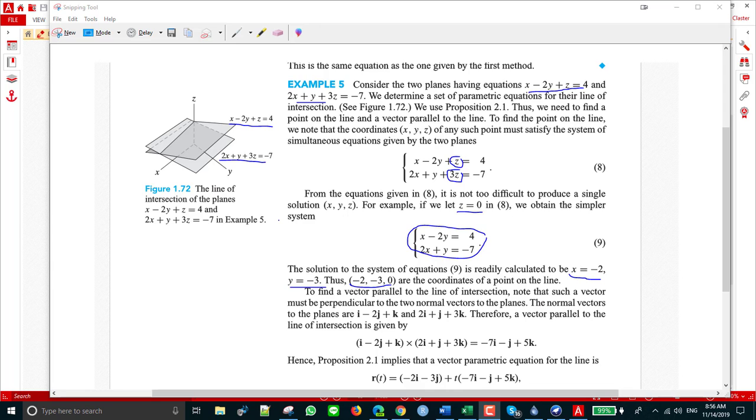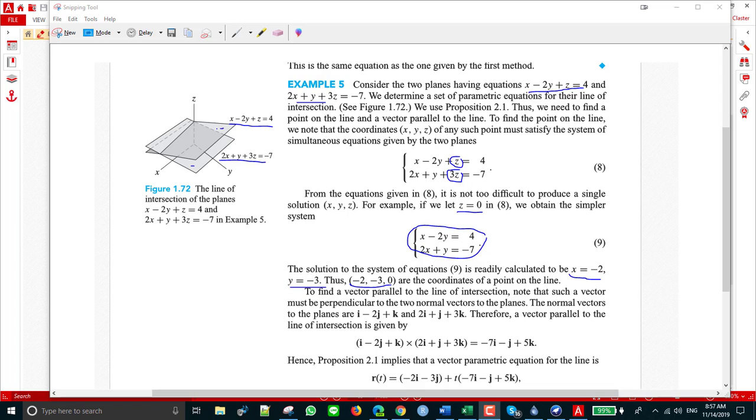Then if we're going to use the vector parametric equation for the line, we also need an A. We need a vector which is parallel to the line. But this line is in both planes. It's in this plane, and it's also in this plane. So this line, if it's in the first plane, must be perpendicular to a normal to this first plane.